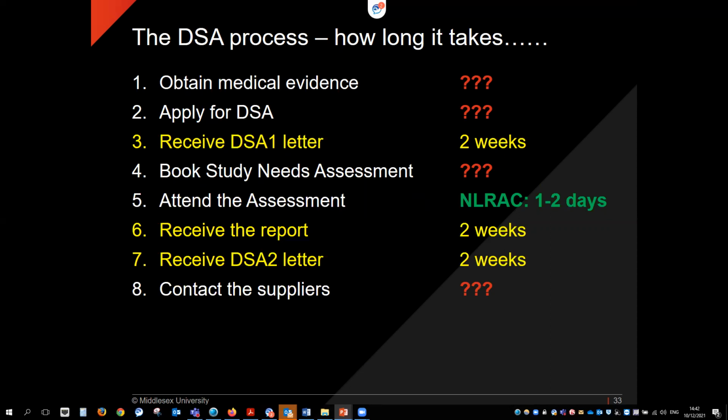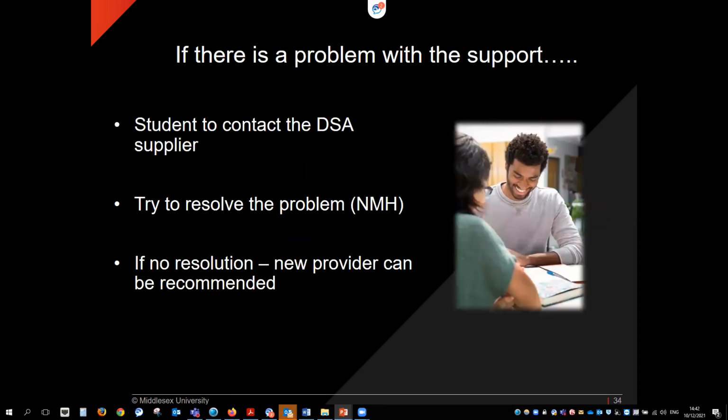Okay. Now, if there's a problem with the support package, let's say their computer has broken down, the student needs to contact the DSA supplier that provided the computer to them.